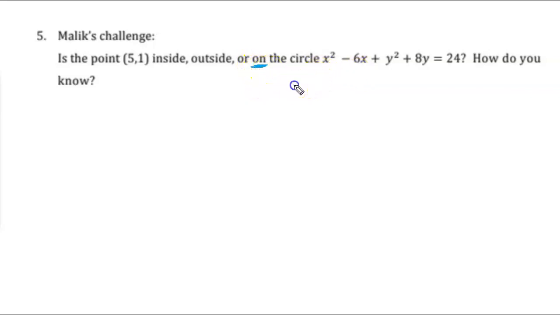So let's try it. If we have 5 squared minus 6 times 5 plus 1 squared plus 8 times 1 is equal to 24. So we're going to have 25 minus 30 plus 1 plus 8.